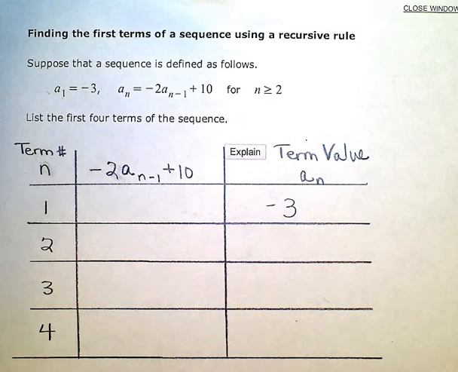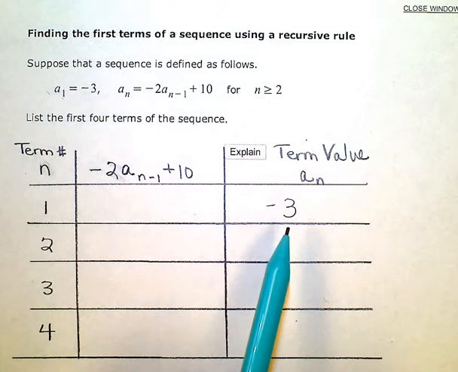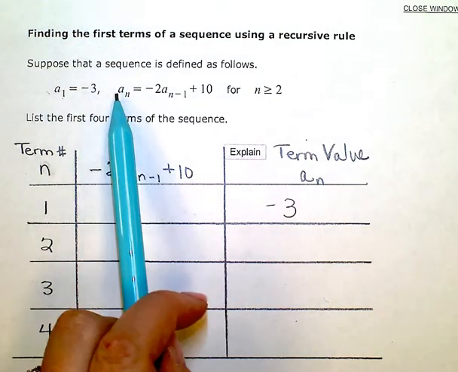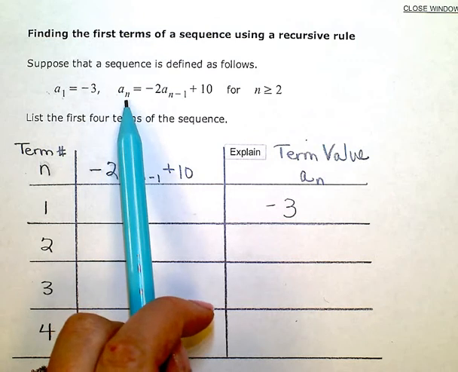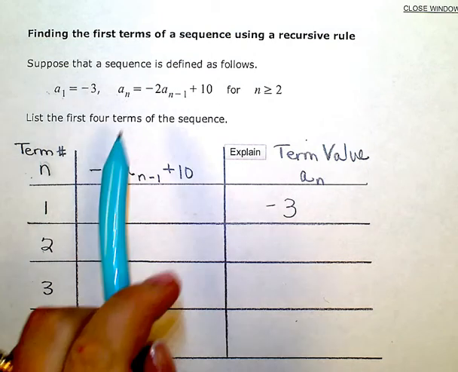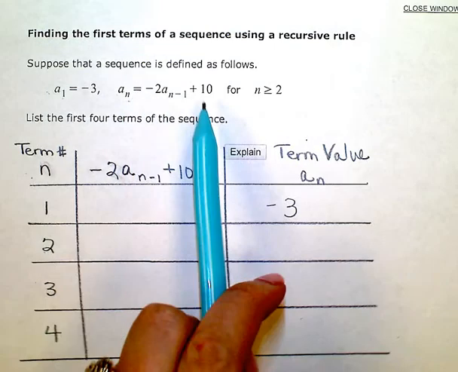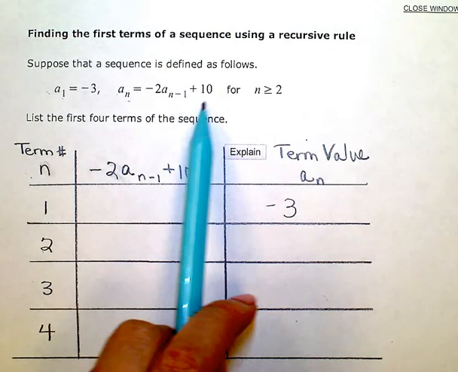Because, again, a recursive rule is based on knowing the previous term. So they have to tell me at least one of the values to start with. So they're telling me start with -3. Then it says to find the value of any other term, n, so the second, third, and fourth terms, okay, here are my instructions for generating this sequence.